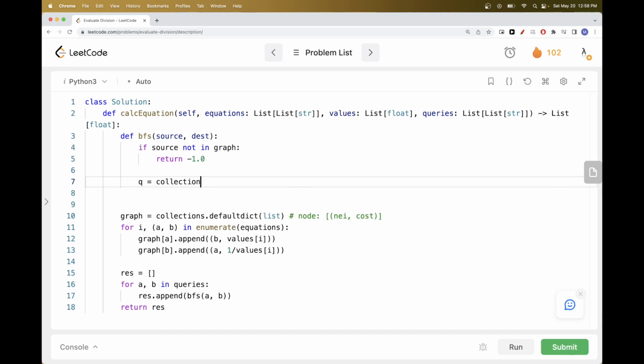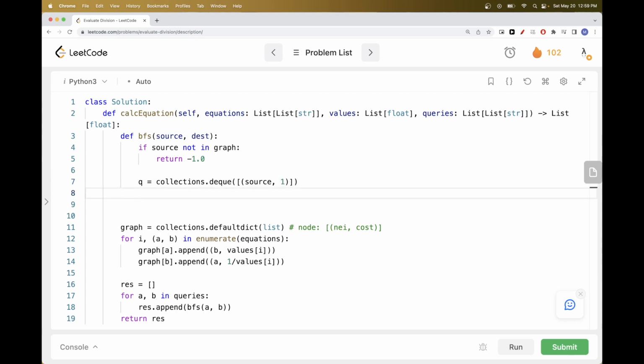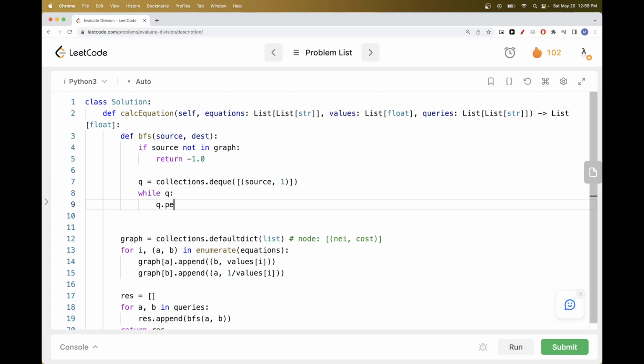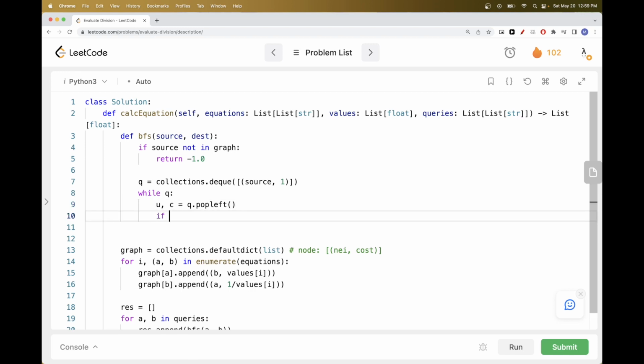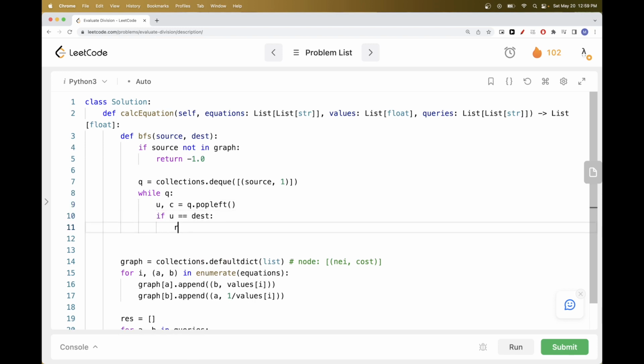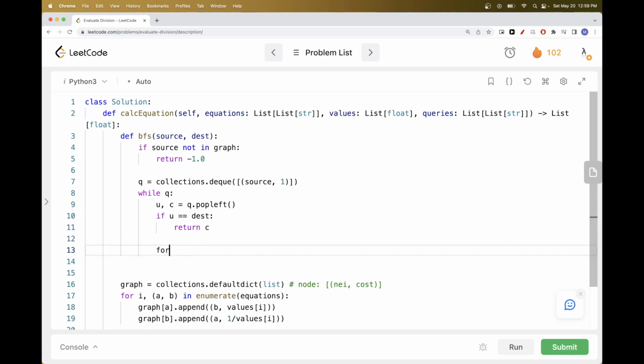Okay, and now we'll start our BFS. So we need the queue. Let's call this DQ, and we need the source node, and then 1 because we will multiply. So we use 1 so that the multiplication works. And now we'll just do normal BFS. So we'll pop from our queue with a node, and we will get the cost. And then we want to check in BFS if we reached our destination. If we did, we just return that cost, and then we go through the neighbors.